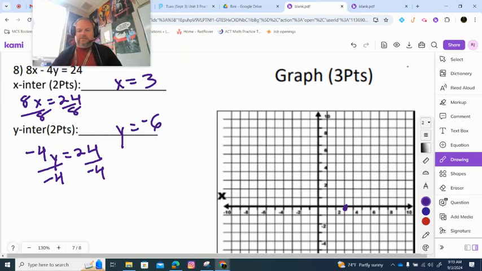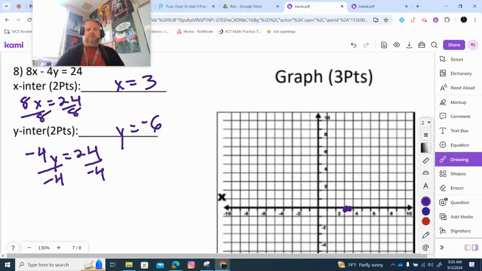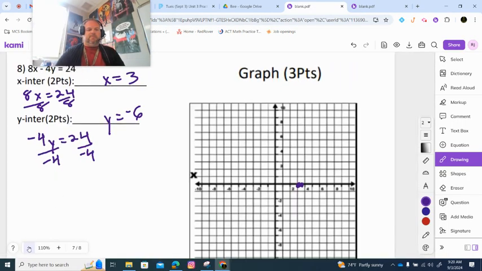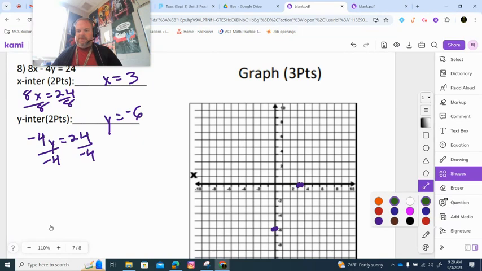So x equals 3. Let's see. Can I pull? No, can't pull that up anymore. And then negative 6. And let's watch me miss this just one more time.